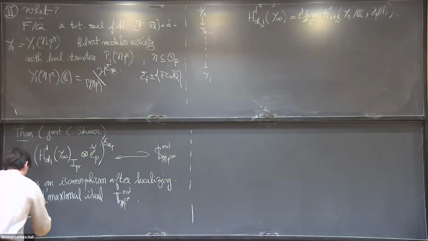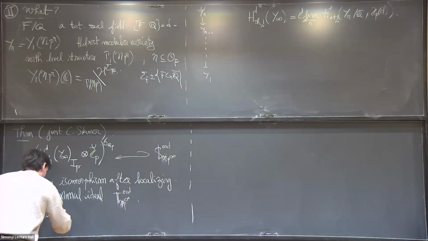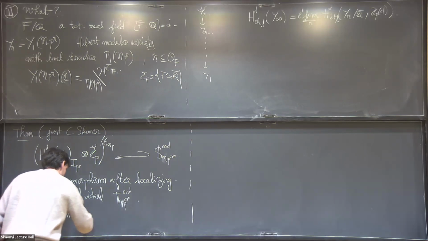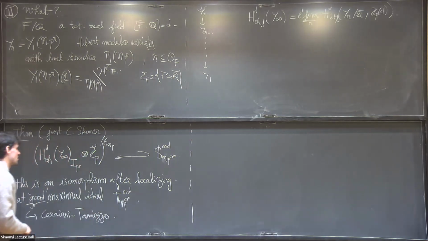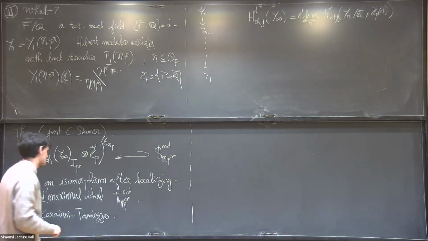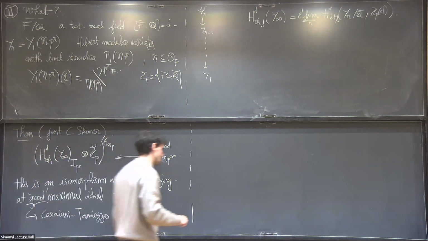So good means as in Karayani-Tamiozzo, a condition on the residual Galois representations that you allow yourself.